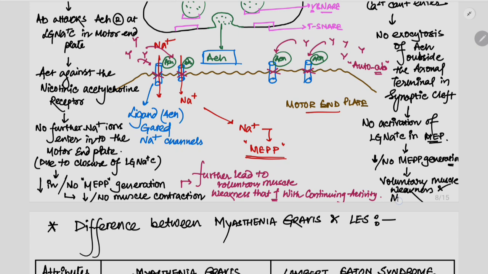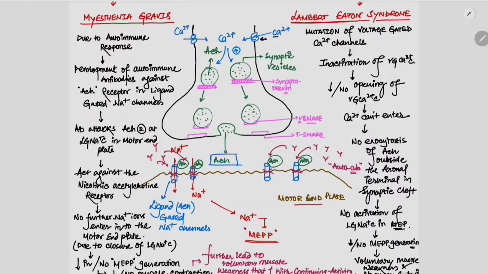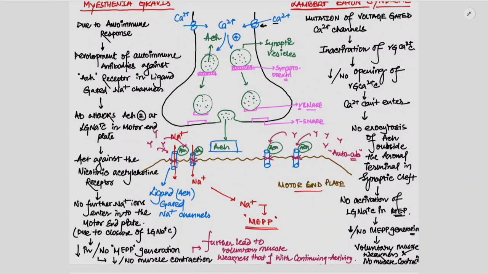And no muscle contraction. So this is the main pathogenesis of myasthenia gravis and Lambert-Eaton syndrome side by side, with a diagram.